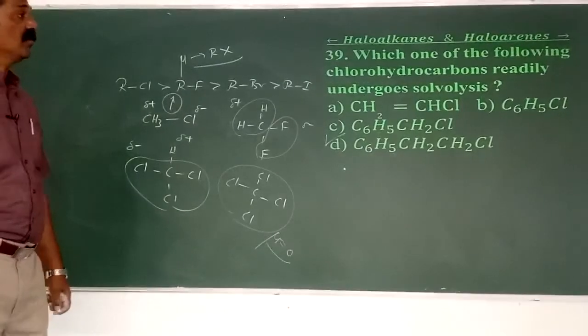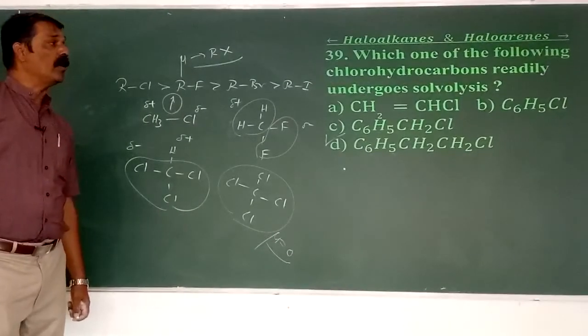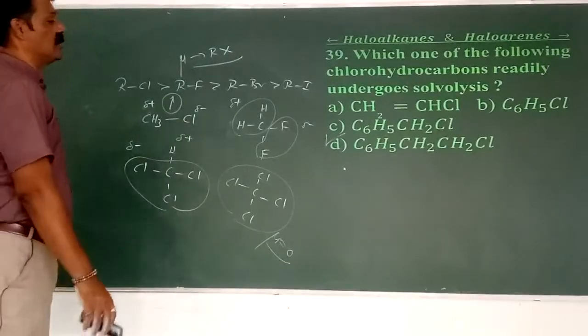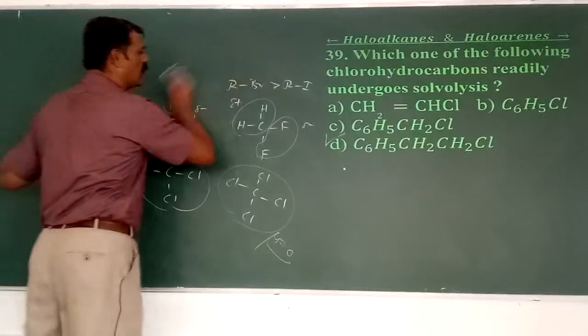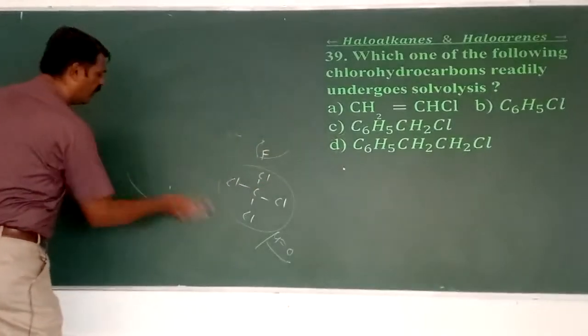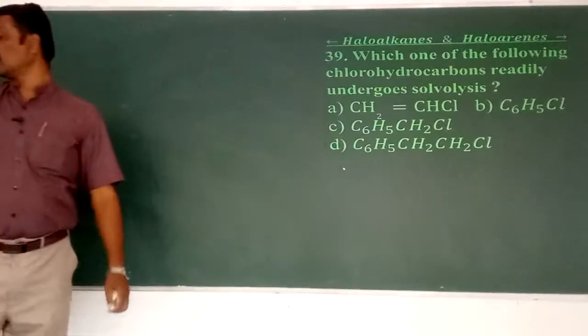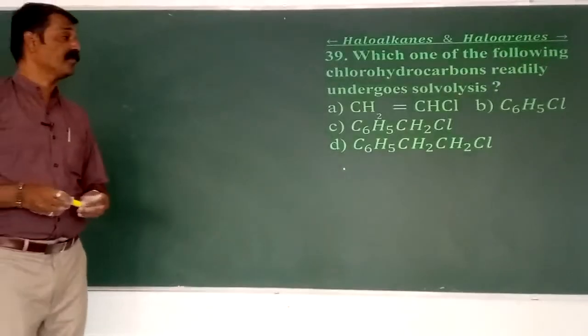39. Which one of the following chlorohydrocarbons readily undergoes solvolysis? Hydrolysis is also called solvolysis. Instead of water, if I use any solvent, it is called solvolysis: breaking up of a substance in the presence of water or any solvent.